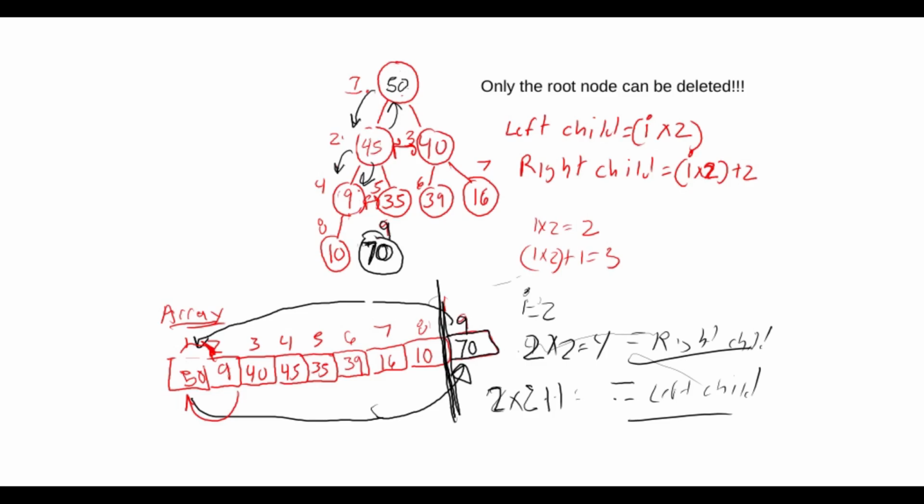So in our array, we're going to swap index 2 with 45. At index 4, we're going to put 9.